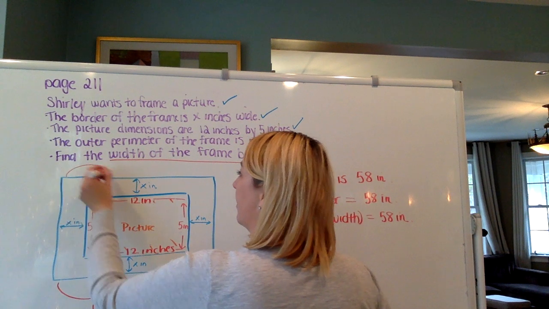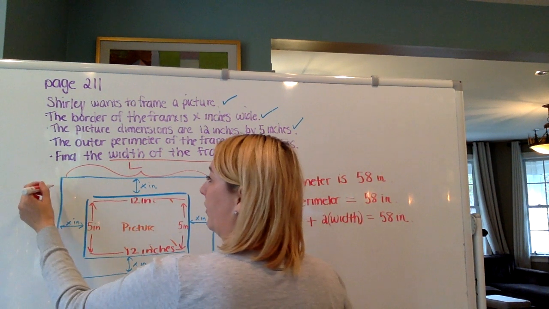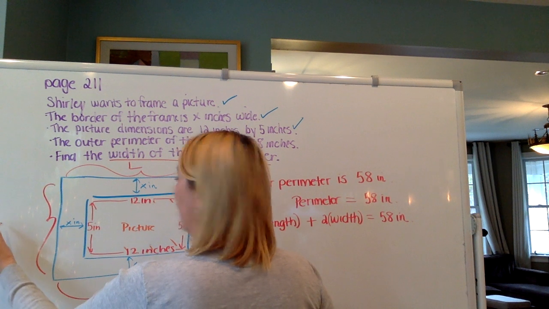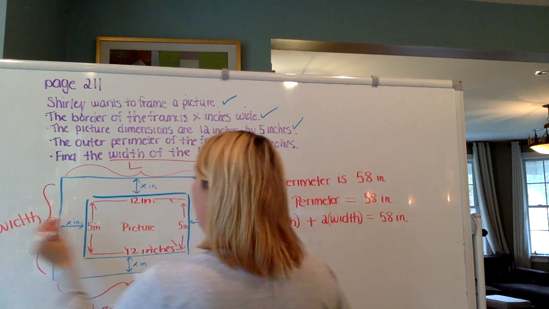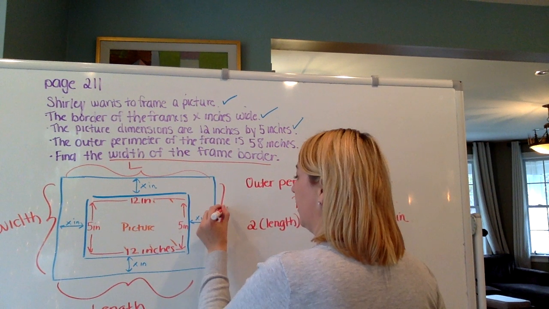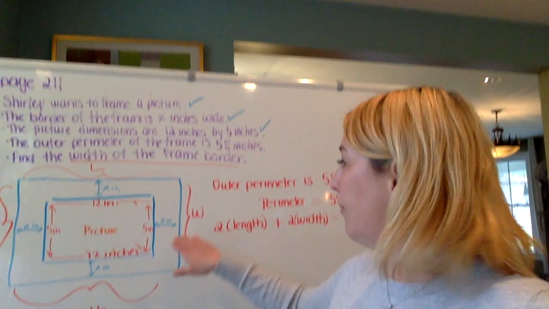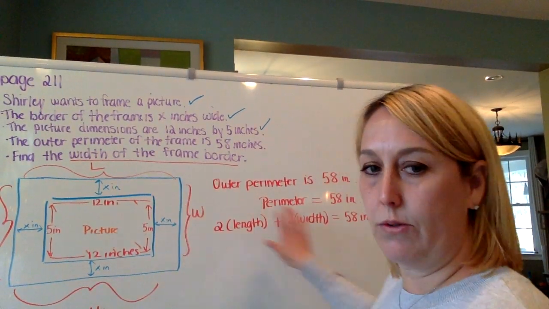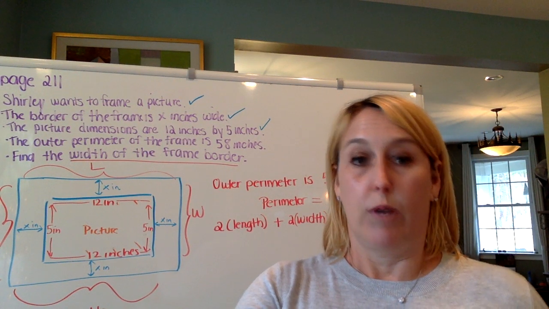So I'm just going to put an L up there for length. And then this would be our width, right? I'm not making a W and an L to introduce as variables here. I'm just shortcutting what I'm writing right now.